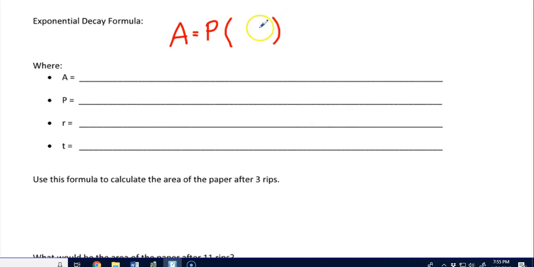And instead of being 1 plus the rate, it's actually 1 minus the rate each time. We'll talk a little bit more further as we look at the more sophisticated examples. The half can be a little misleading because 1 minus a half is half. We'll have to look at some other examples. And we're going to do that t amount of times. So A is our amount after time t.